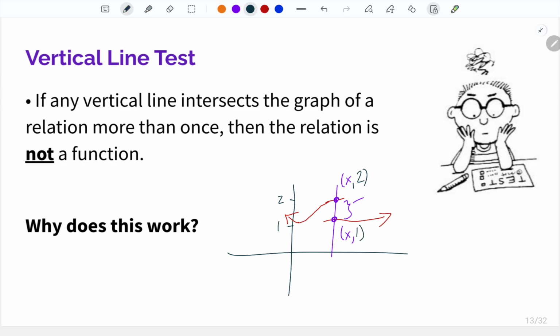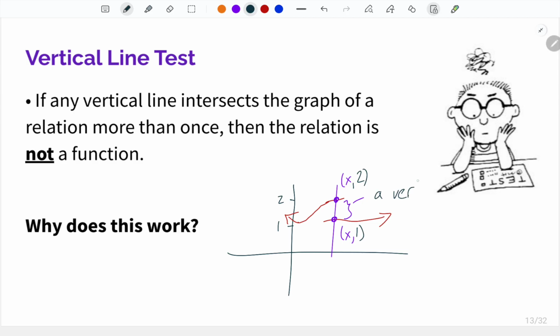Well, look at that. You have the same x value going to 2 different y values. And that's actually what the vertical line test is checking. A vertical line is just a single x value. Well, if you cross more than once, you have more than one y value for that corresponding x value.